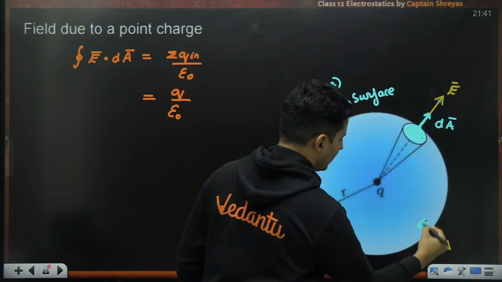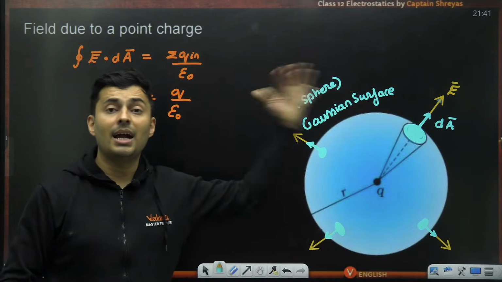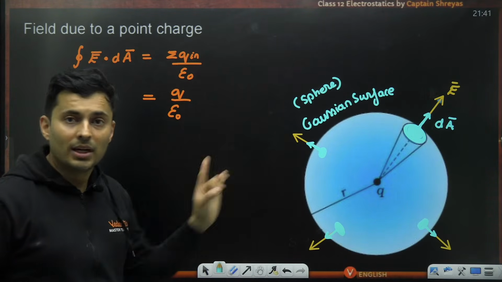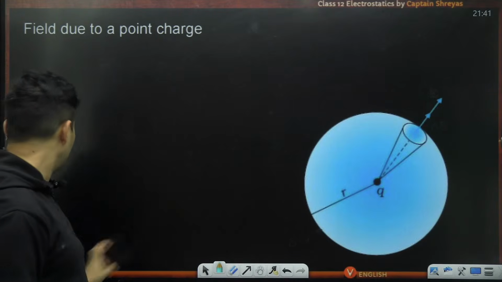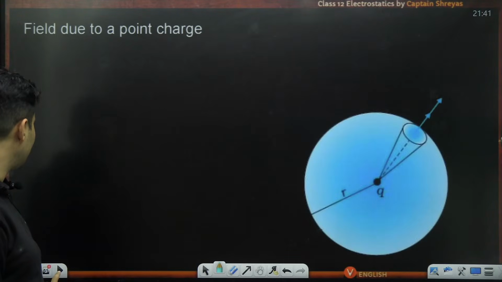If you draw a small area vector here, it will be like this. Everywhere that area vector happens to be parallel to the field, and that is what we wanted. Either it should be parallel or perpendicular, which will make our job easy.